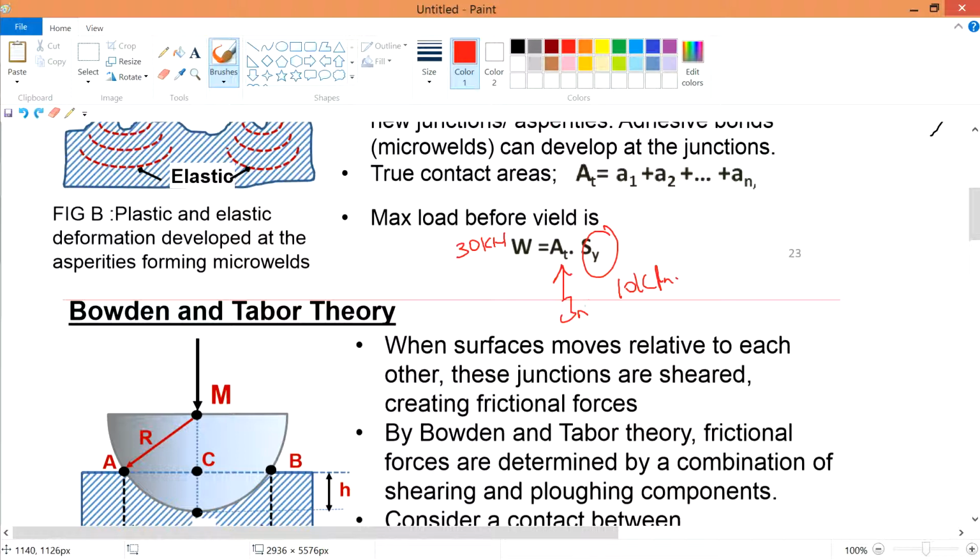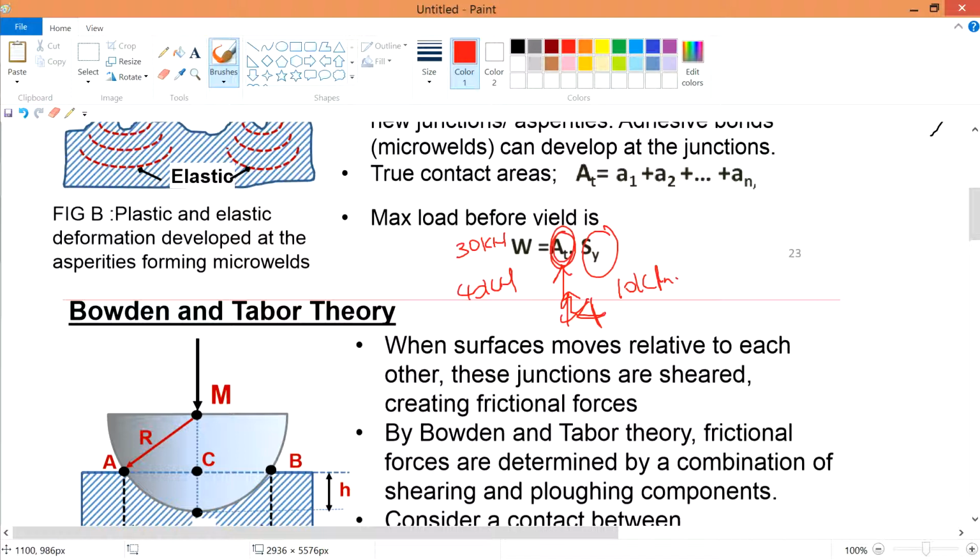I don't know what the unit is, but anyway, if the area increases, as you can see, the force will be 40 kilonewton. So if you increase the contact area, you are most likely causing the material to deform, and you are causing more friction to occur. Hopefully you are clear about that.